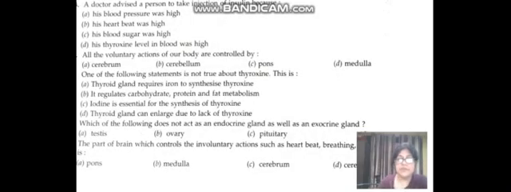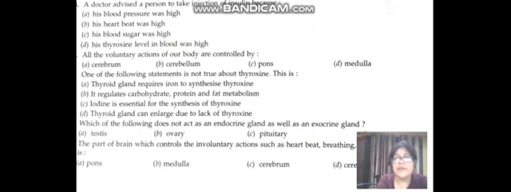Now some more questions. A doctor advised a person to take injections of insulin. Why did the doctor advise so? The reason is that the blood sugar level of that person becomes very high, and insulin balances the blood sugar level.